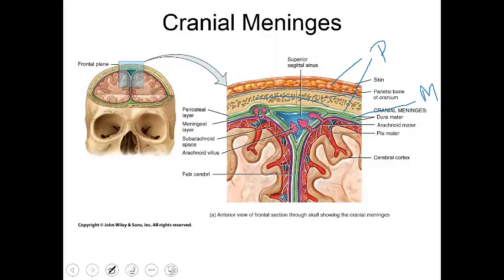Now the red layer is the arachnoid mater, and you see that these finger-like projections right here are the arachnoid villi, and they help to absorb stuff out of the cerebrospinal fluid. And this very thin red layer over here is the pia mater.